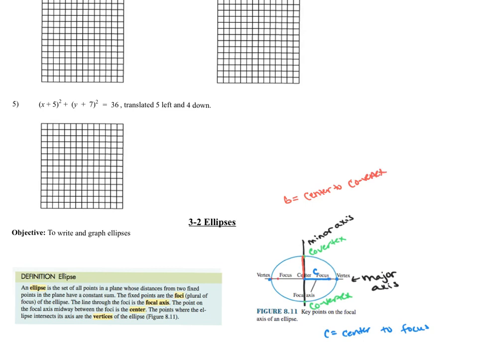And A is the value of the center to the vertex. So A is always larger than C in ellipses. And we'll get all of these values out of the equation for an ellipse.